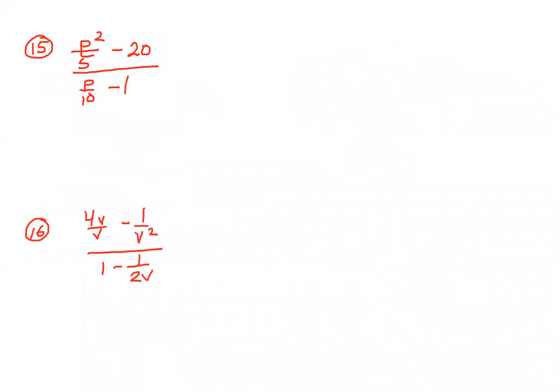Two more. Number 15. I've got to have a common denominator in the numerator, so I'm going to have to multiply this by 5 over 5. That's going to be p squared minus 100 over 5. And in the denominator, I'm going to have to multiply this by 10 over 10, and that's going to be p minus 10 over 10.